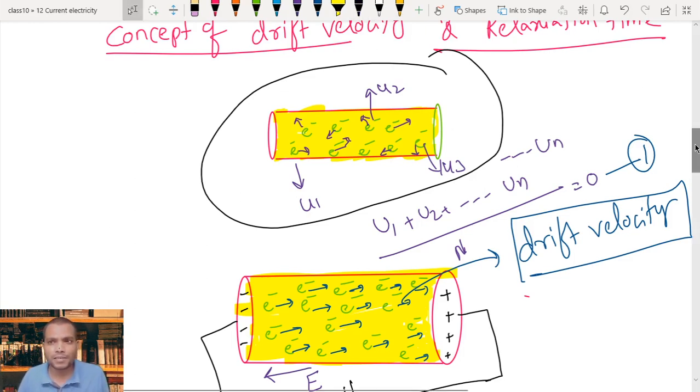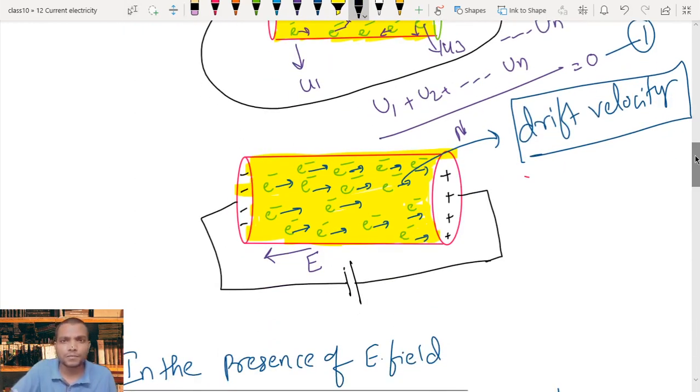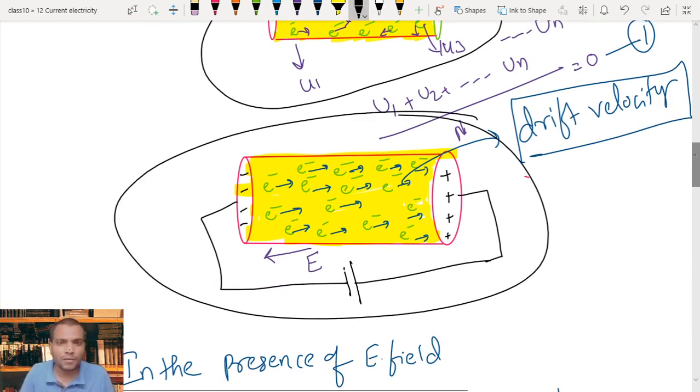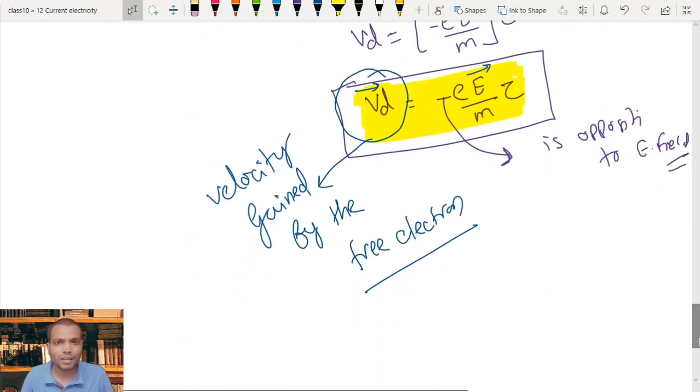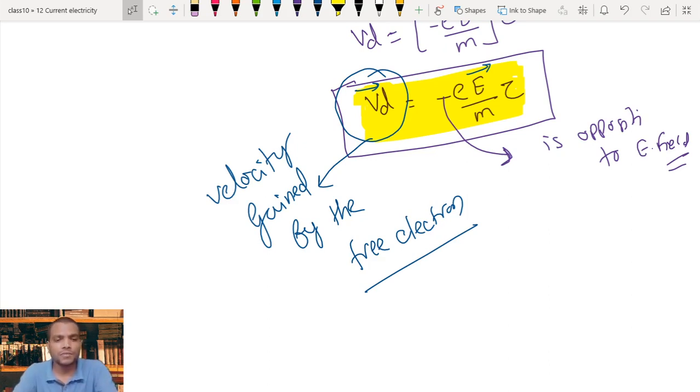But in the second case, because of the presence of the electric field, the electrons move in one particular direction, against the electric field. Because of that, they gain velocity, and the velocity gained by the free electrons is known as drift velocity. This drift velocity is opposite to the direction of the electric field. So this is all about the concept of drift velocity and relaxation time.